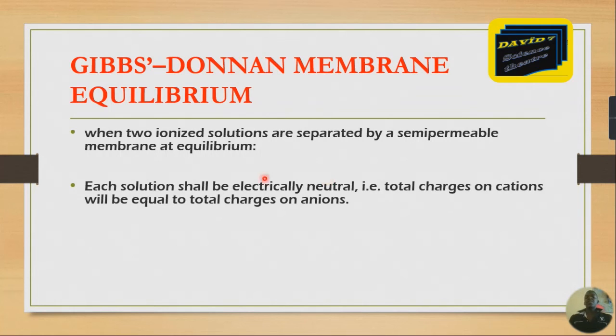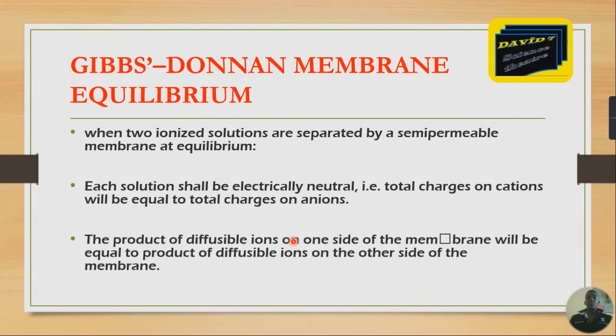Okay, so if you separate two solutions which can ionize by a membrane, at equilibrium, each solution shall be electrically neutral. You get that point? Each shall be electrically neutral, and total charges on cations will be equal to total charges on anions.